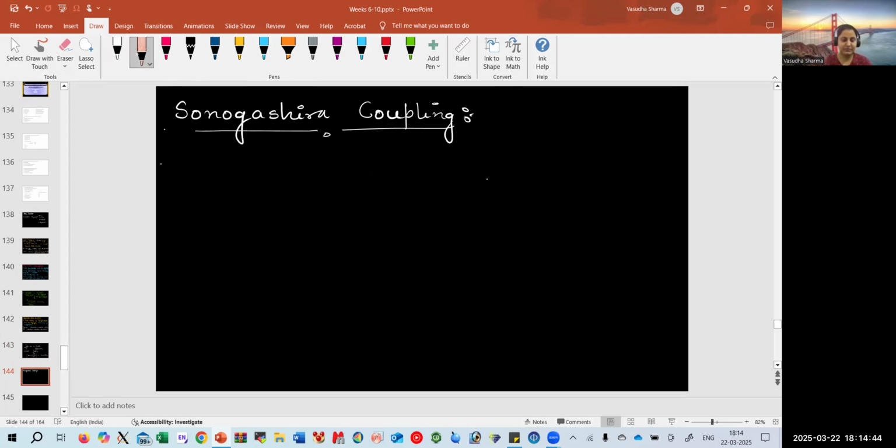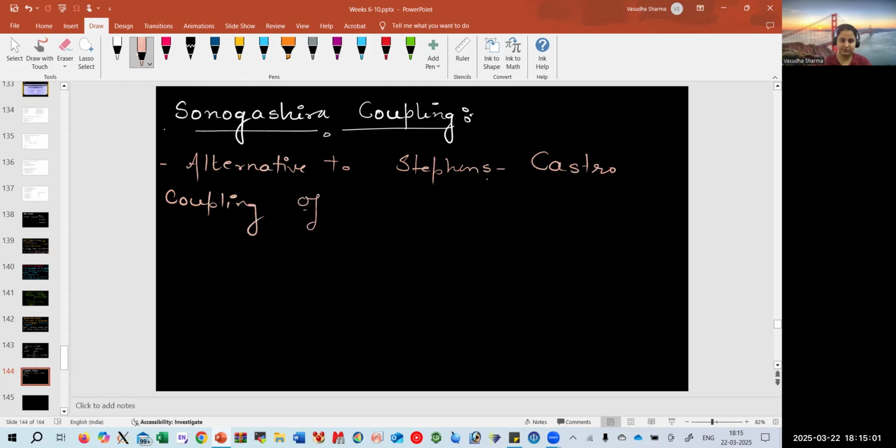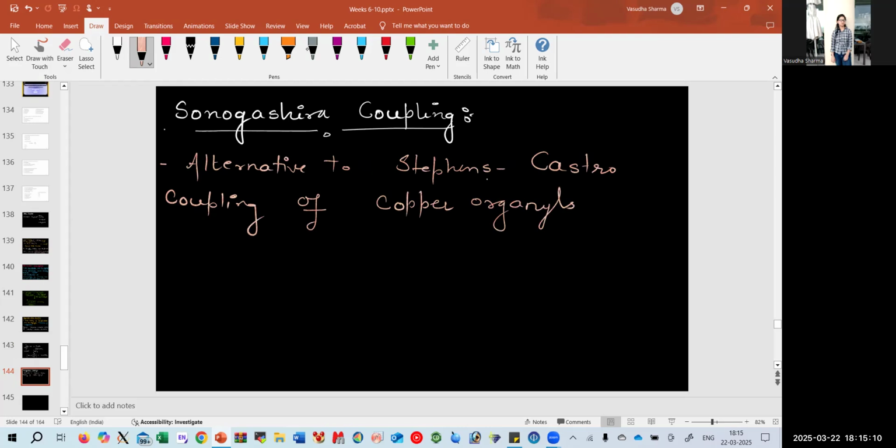So this is basically an alternative sequence to cross coupling of copper organyls and the organic electrophiles, which takes place under mild conditions.